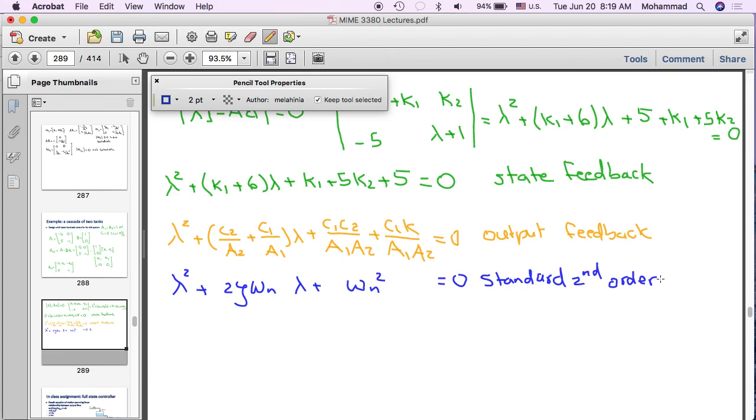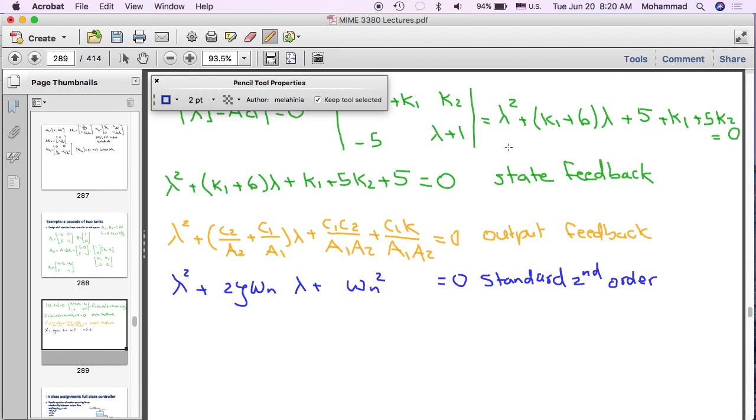So we know the real part, for example, is minus zeta omega n, and a pair of complex conjugates are located at plus minus omega n square root of 1 minus zeta squared. So exactly we know how this system behaves based on the fact that we know where the two poles of this standard second order system are located. So we have a lot of information.